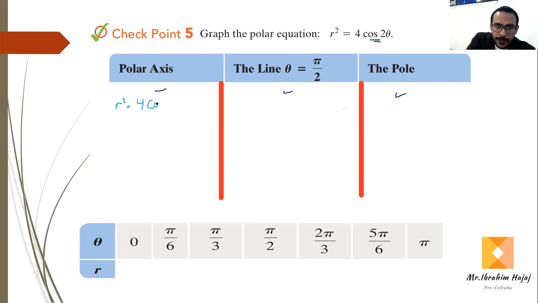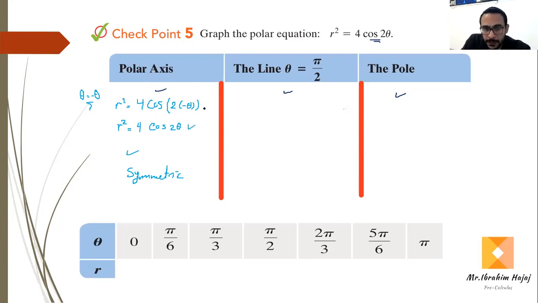So we have 4 cosine of 2 times negative theta. Cosine is even, so it stays the same, r squared equals 4 cosine 2 theta. So it's equivalent, and symmetric about the polar axis, since they are equivalent equations.